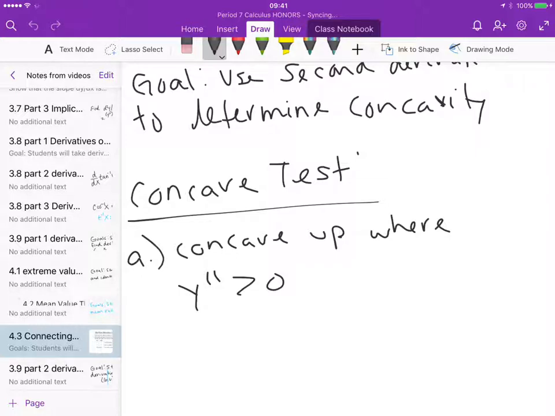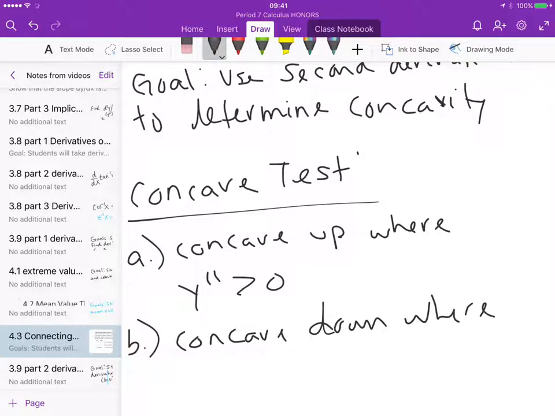And we say it's concave down where the second derivative is negative, okay? So if the second derivative on any specific interval is positive, then it is concave up. And if it is negative, it's going to be considered concave down.